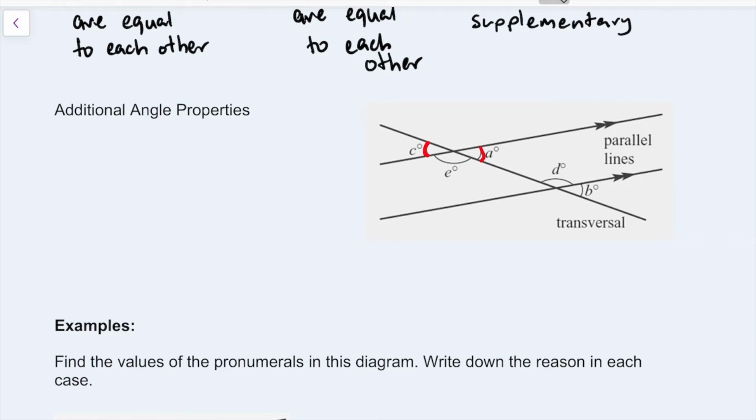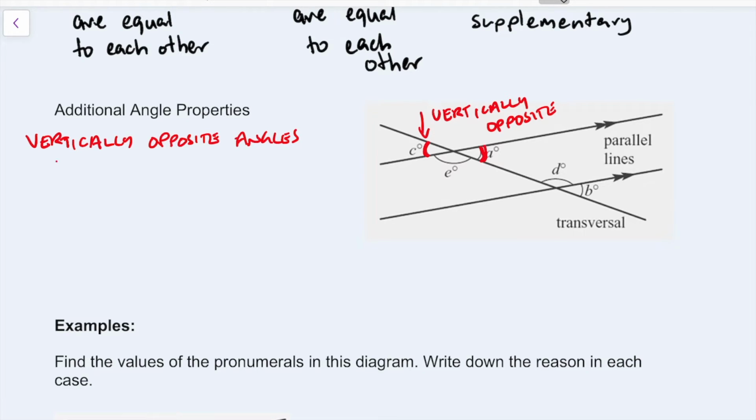So that's C and A, they're vertically opposite, and vertically opposite angles are equal.